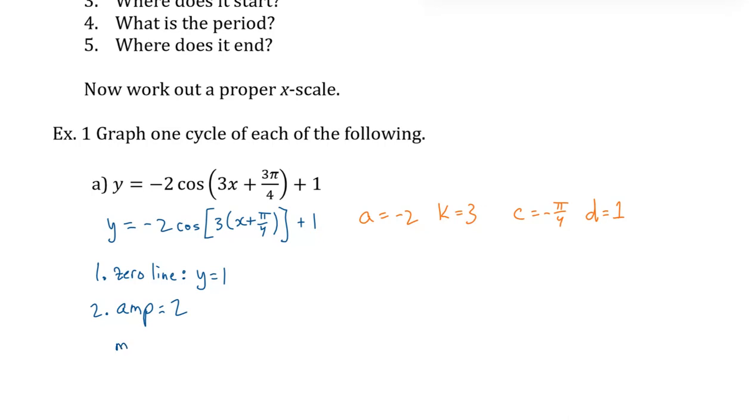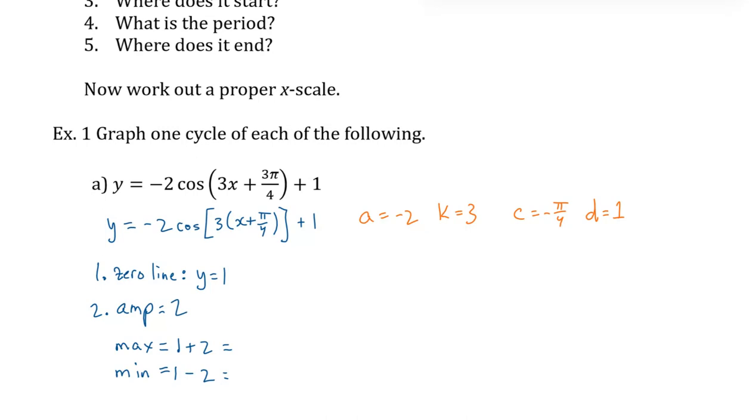Then we're going to find the max and the min. And the max is the 0 line up the amplitude, and the min is the 0 line down the amplitude. Order there matters.